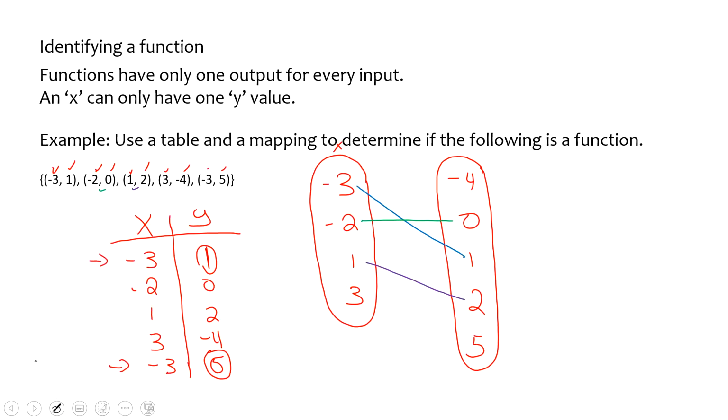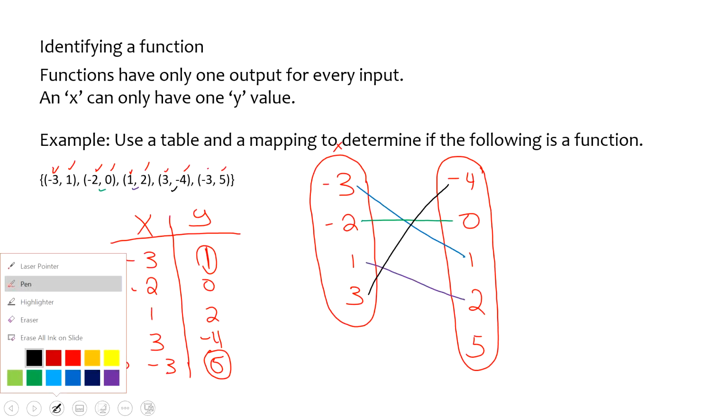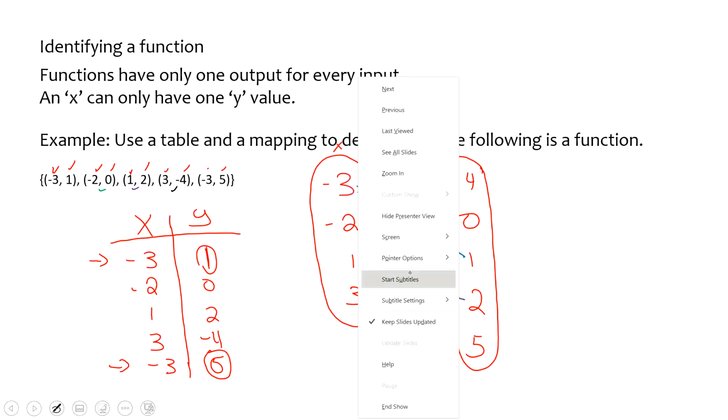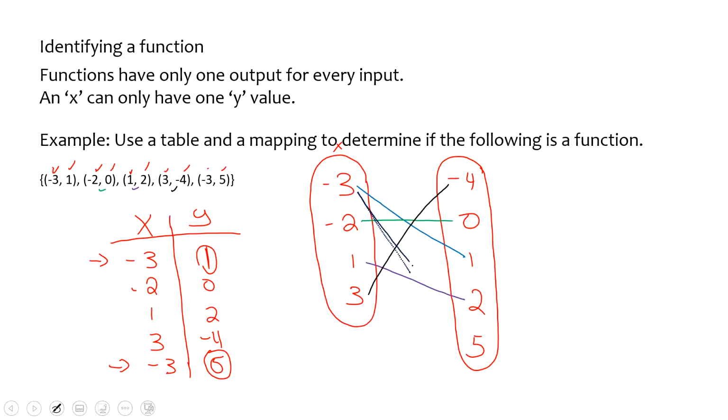Let's go black for this one. 3, -4. And then I go to the navy blue, I guess, here. And then I have -3 again, but it goes down to 5. Sorry about that. So my -3 marks to 5.